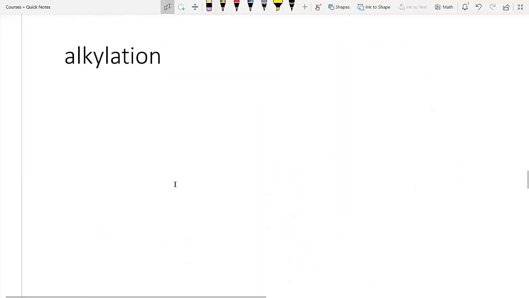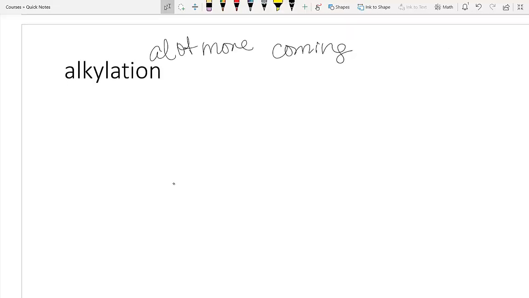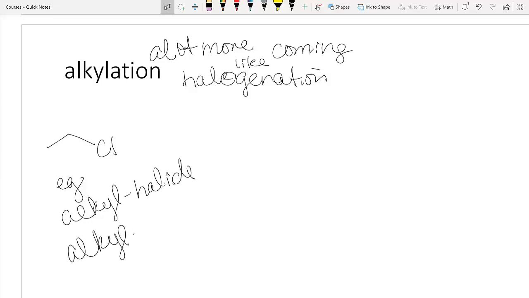For alkylation, there's a lot more to it that we'll talk about, but the generic gist of these reactions is very similar to halogenation. You'll take some sort of alkyl halide, or some other leaving group like an alkyl tosylate.